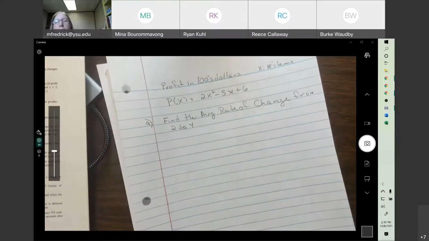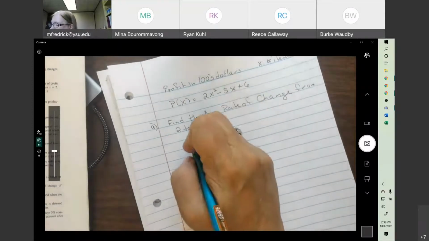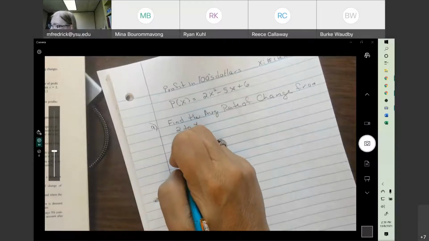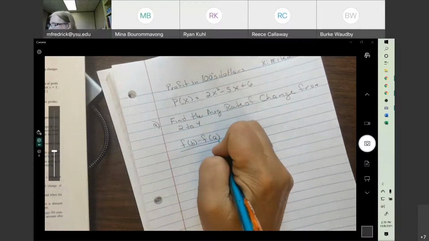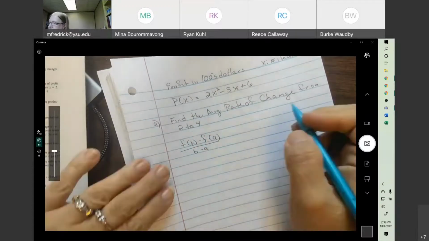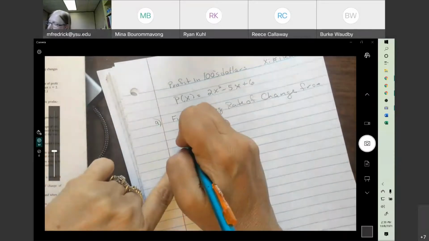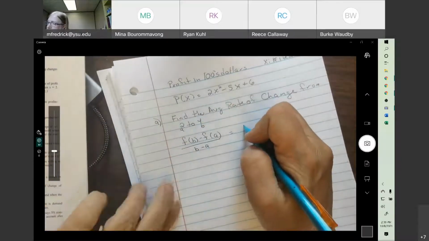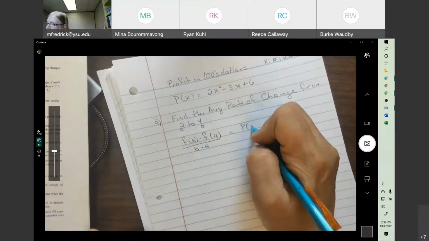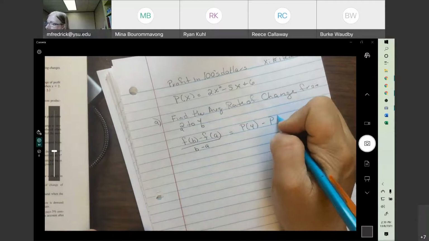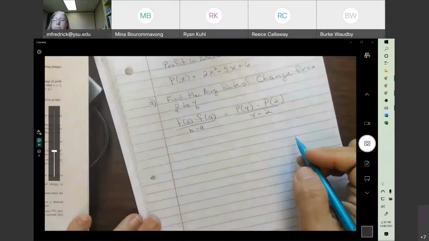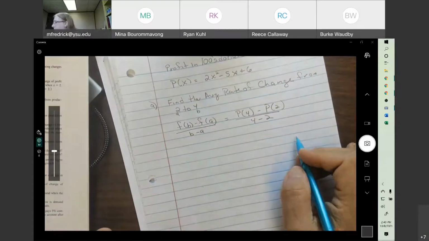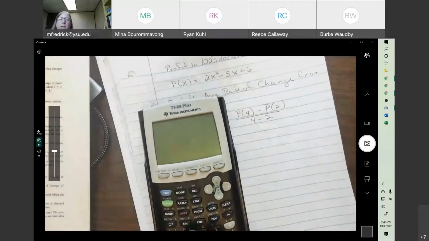So the first thing you want to do is find the average rate of change between two values. Between two values is your slope. f of b minus f of a, or you could use P if you want, over b minus a. This is our a, this is our b. So it's going to be the profit at 4 minus the profit at 2 over 4 minus 2. Now we could plug this in here.